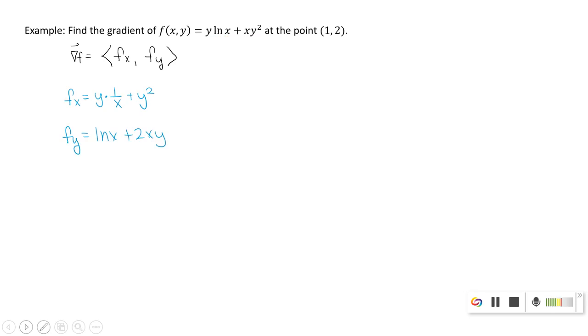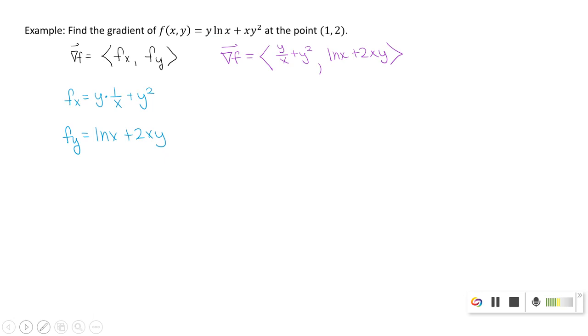Derivative with respect to y: first term, we just get ln x. Second term, bring down the 2, so 2xy. So there's my partial derivatives. And so I can express this gradient as a function. It would be the vector function (y over x plus y squared, ln x plus 2xy).